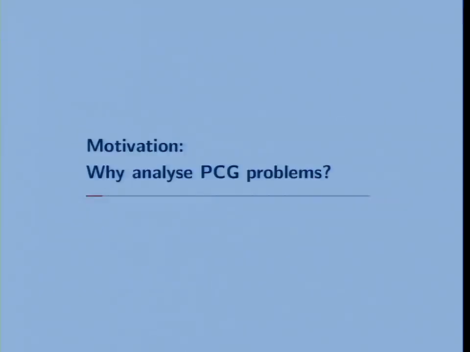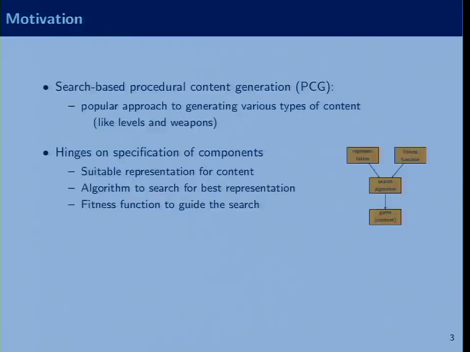Okay. So we're just turning towards the first part, which is why analyze PCG problems, and that's a bit of a motivation. So search-based procedural content generation is a very popular approach to generate various types of content, and it hinges on specific components, which are too small to read, but we have a larger version of that graphic later on.